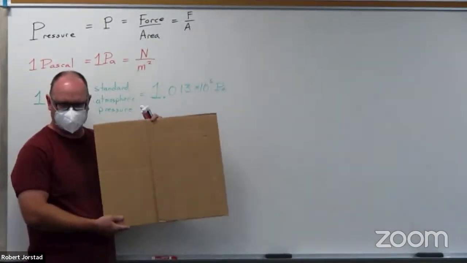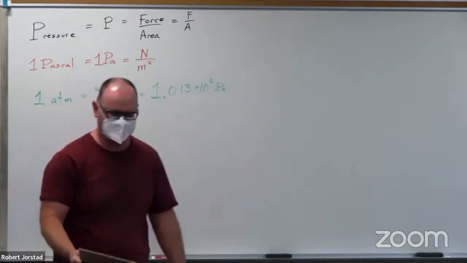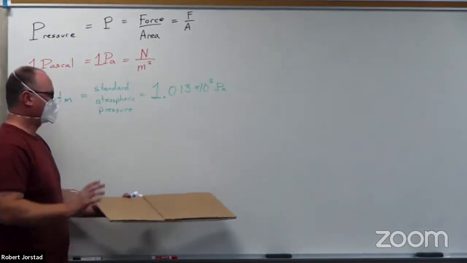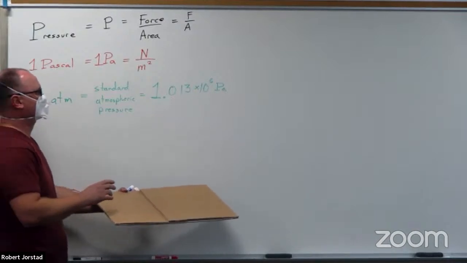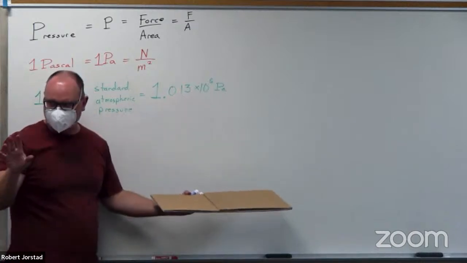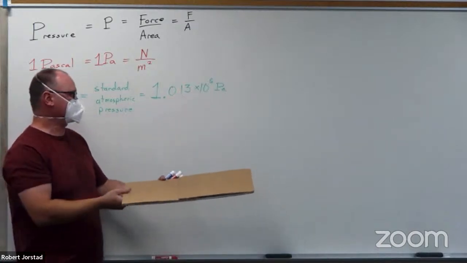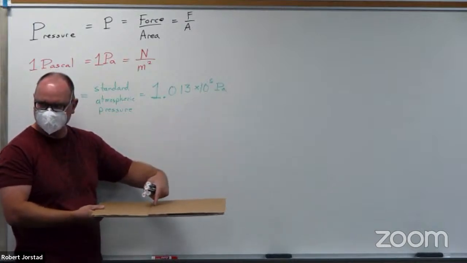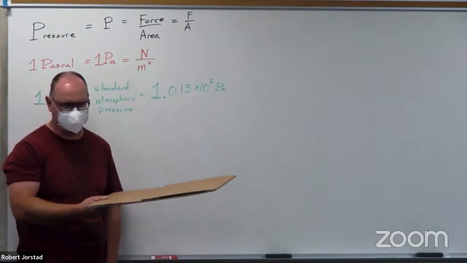Are you guys okay with that? It's about 1 meter squared. Now, if you think about it, what does this mean? This is about 10 to the 5th. There are 10 to the 5th newtons of air weighing down on this 1 meter squared.